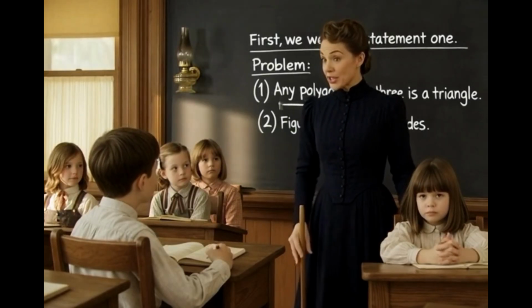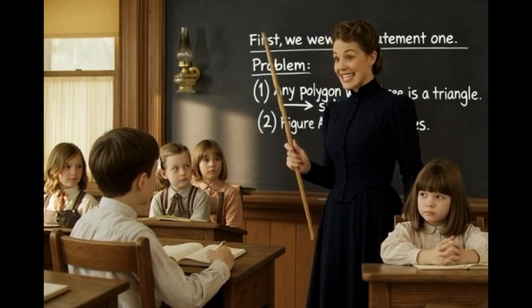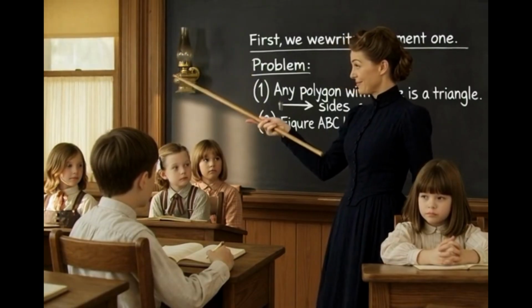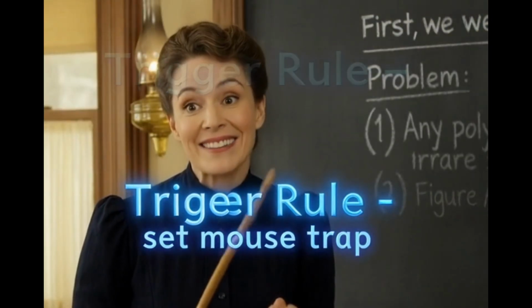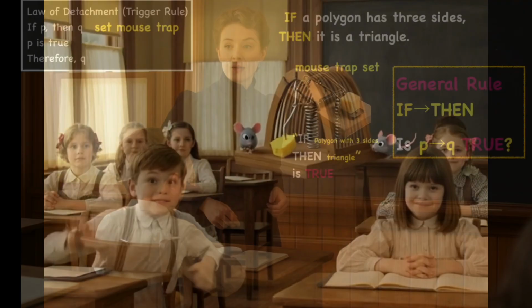Our trigger rule is like a mousetrap with cheese and set to go off. When the conditions are just right, the trap is set and ready to spring. Oh, I get it now. Me too.